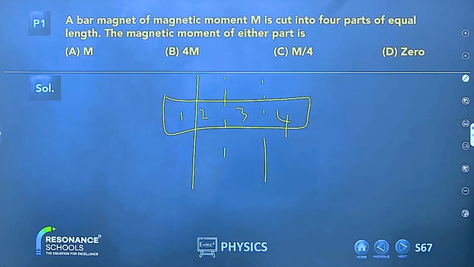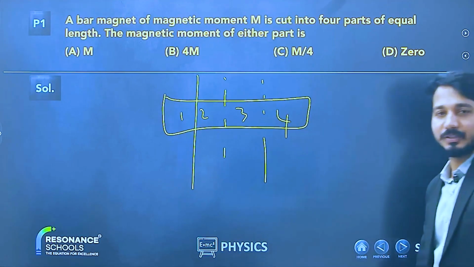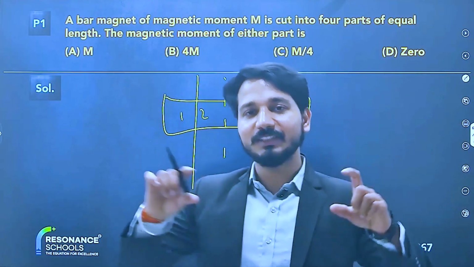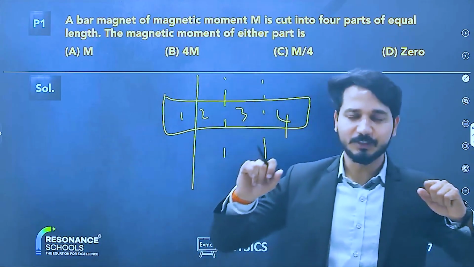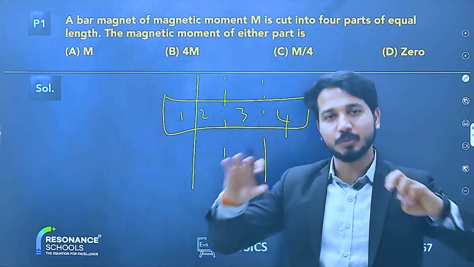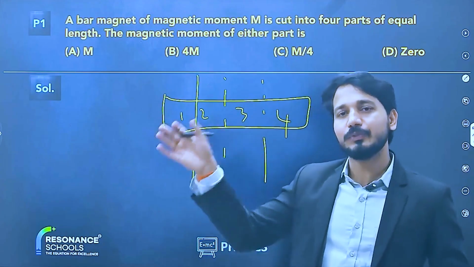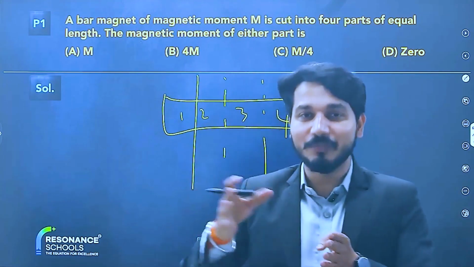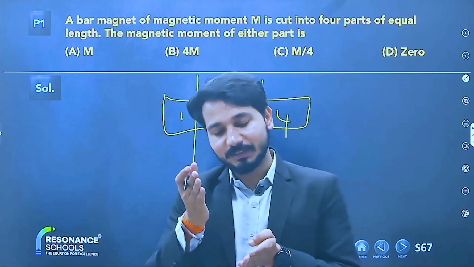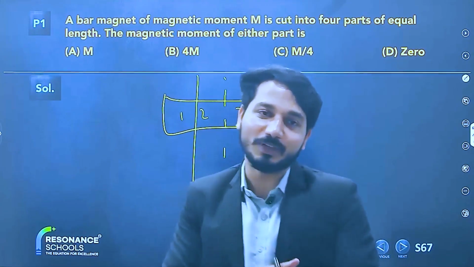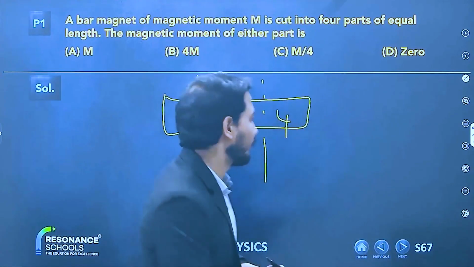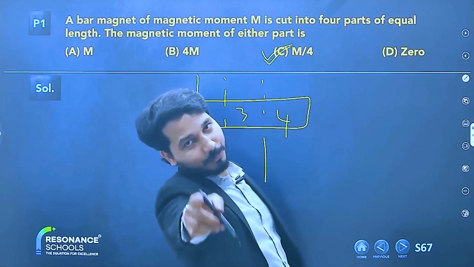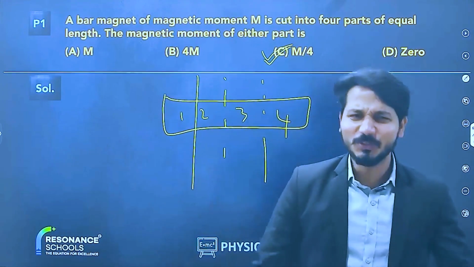Basically you have to measure the strength. The total strength, the magnetic moment, is capital M, right? Now it is divided into 4 equal parts, so obviously its strength will be divided by 4. So the correct answer for this question is option C.